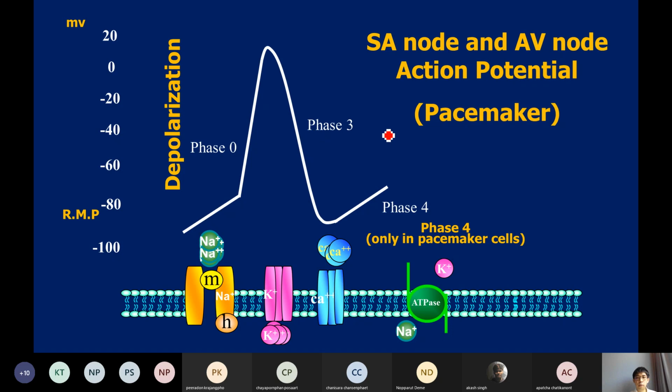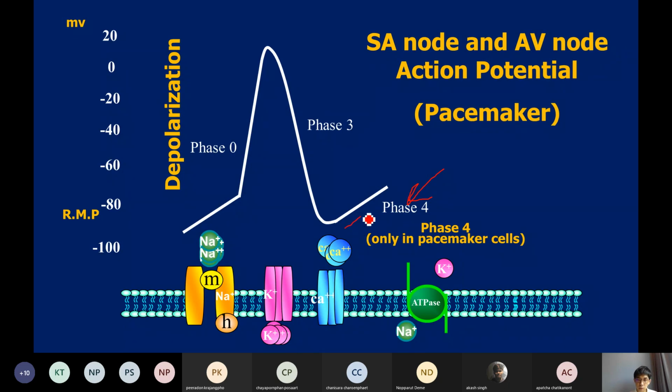The first thing I want you to recognize is that the slope of phase 4 of the pacemaker cell is much steeper compared to the non-pacemaker cell.